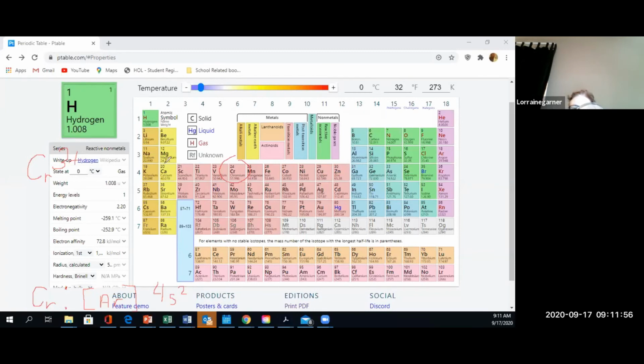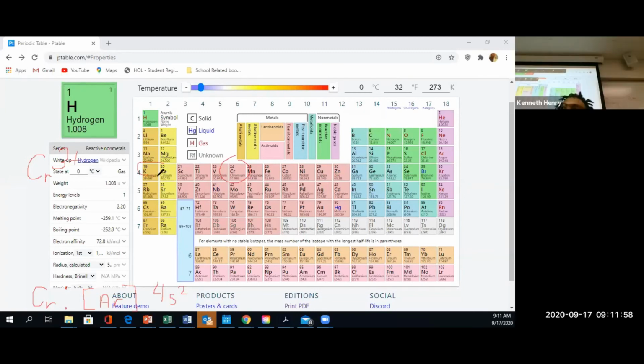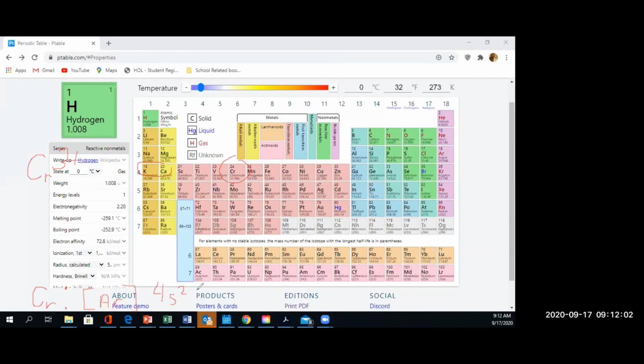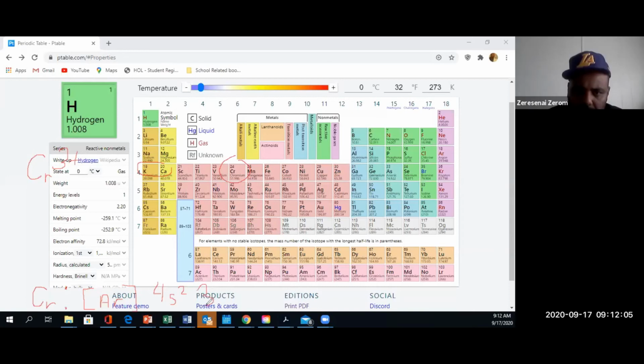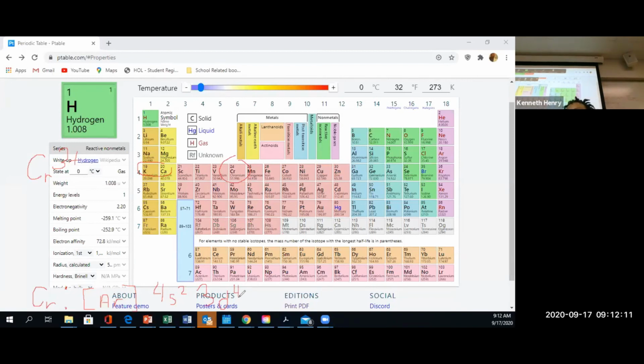So we have this part here, 4s2, and then 3d4. 3d4, that is correct.